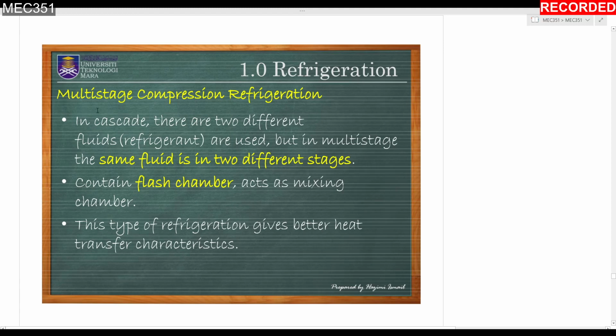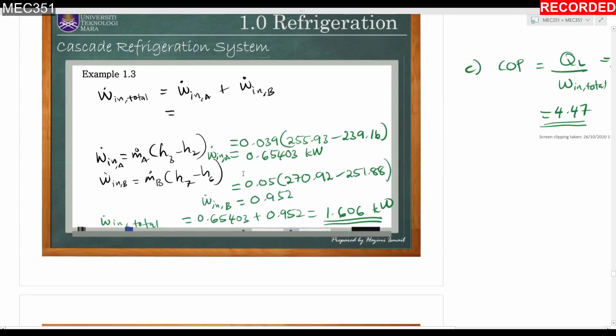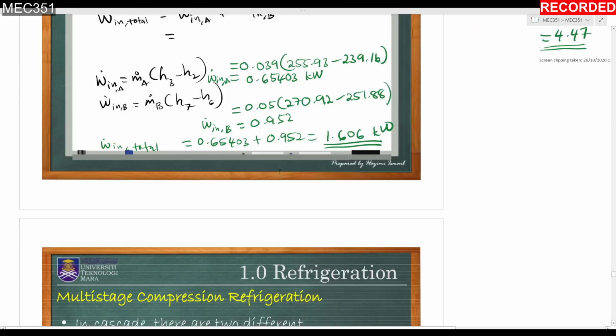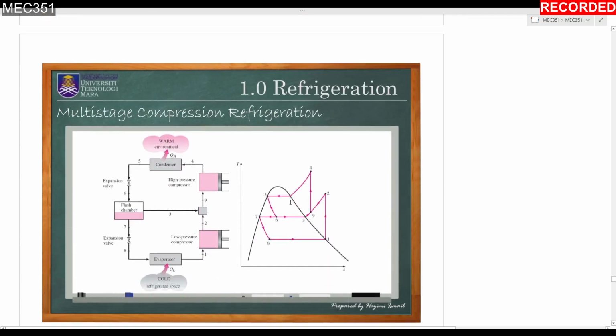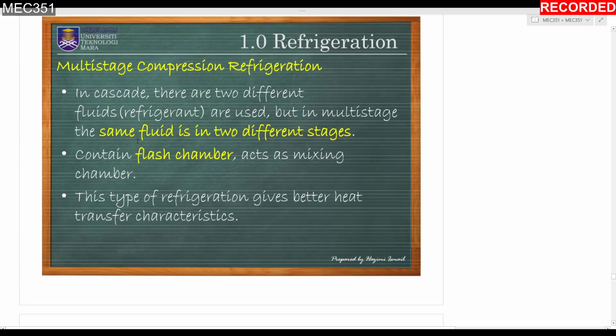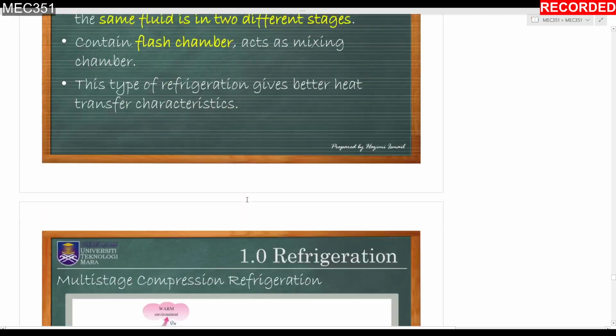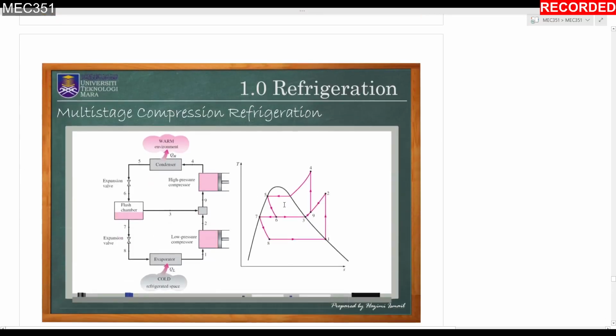Okay, this multi-stage type is quite different from the cascade system that we have learned before, because this system also has the upper cycle and the lower cycle, similarly to the cascade system, but it uses the same fluid for the different stages, the upper stage and the lower stage.